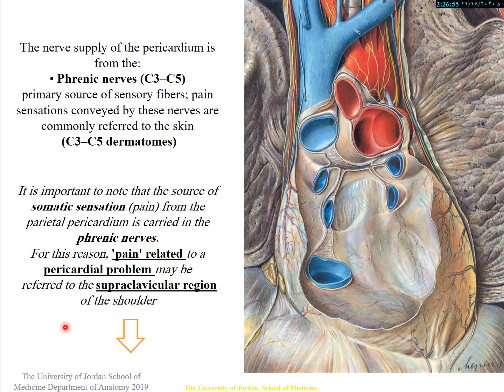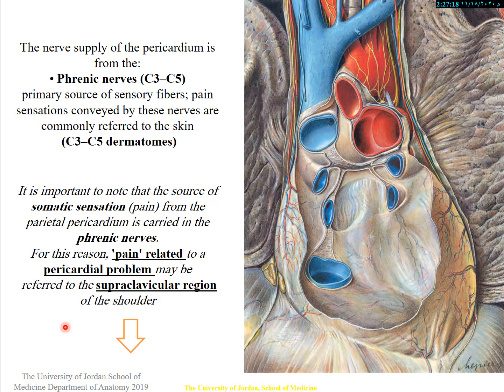The visceral is usually, in both cases, attached to the organ itself, and the visceral pericardium, or the visceral pleura in other cases, is similar to the organ itself.